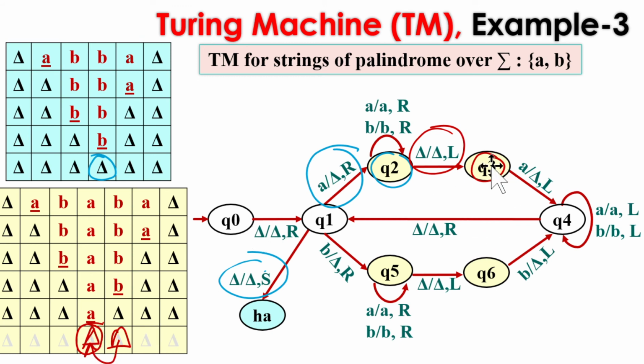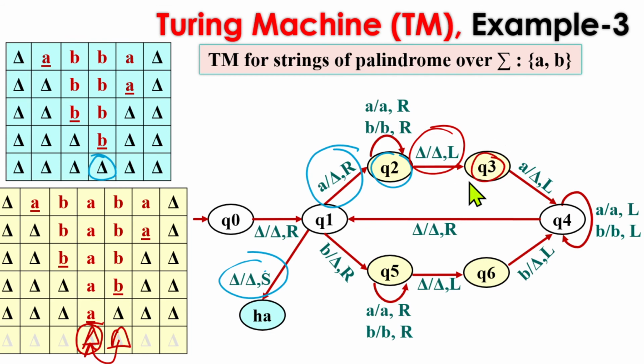That means we are having an odd length palindrome, and the symbol that we are having on the control was the centermost symbol of the string. So we can simply declare the acceptance at q3 because we have replaced all the left and right symbols with a blank, and after that we have just replaced the centermost symbol with the blank, and now we are having no matching symbol to cancel out.